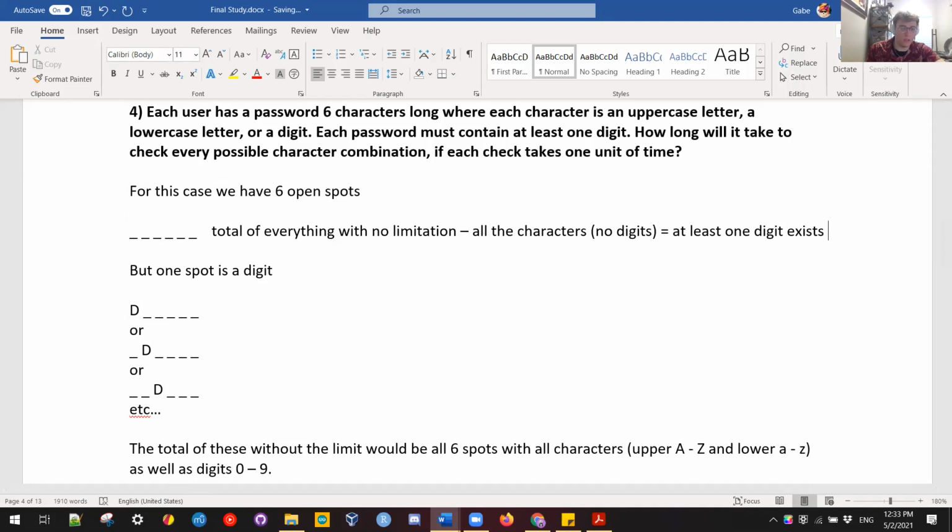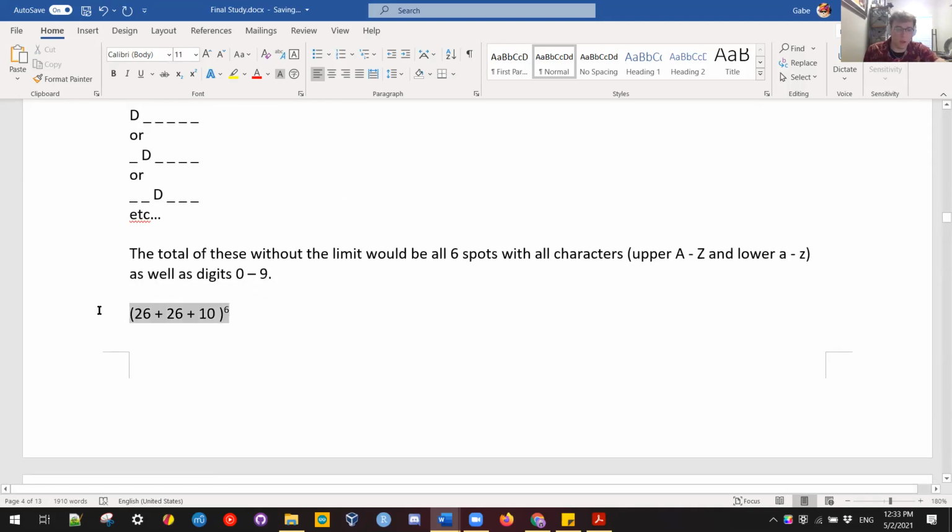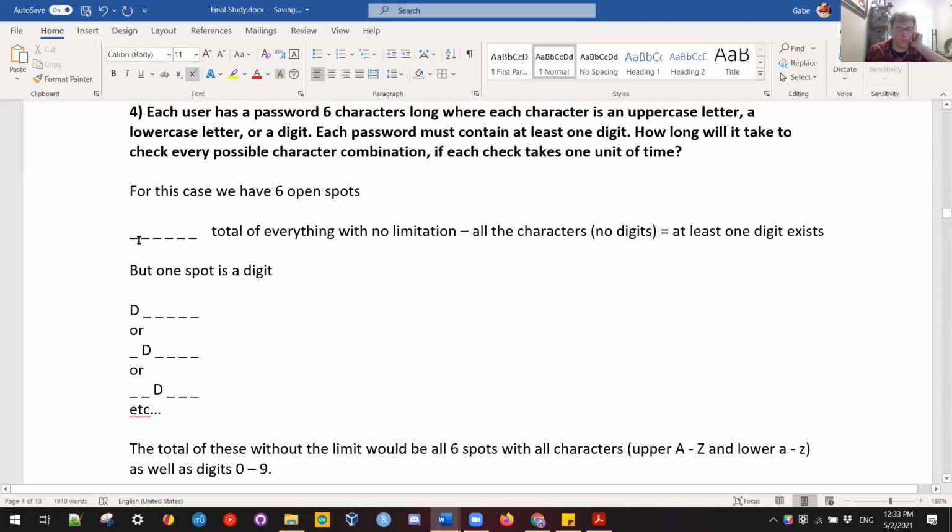Yes, for sure. So with that, we could do (26 + 26 + 10) to the 6th, which is the case of every possible combination of letters and digits.